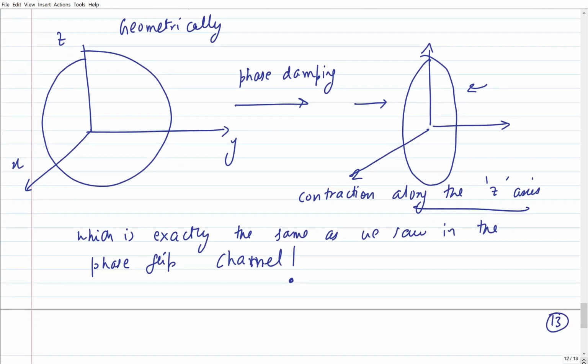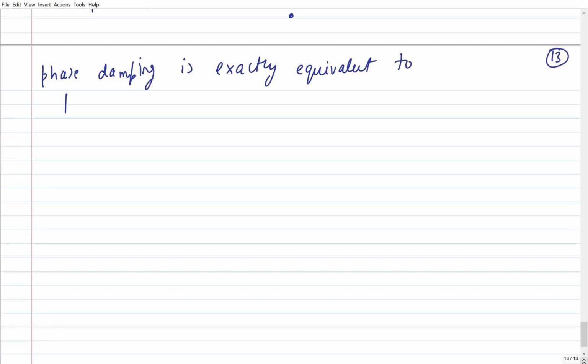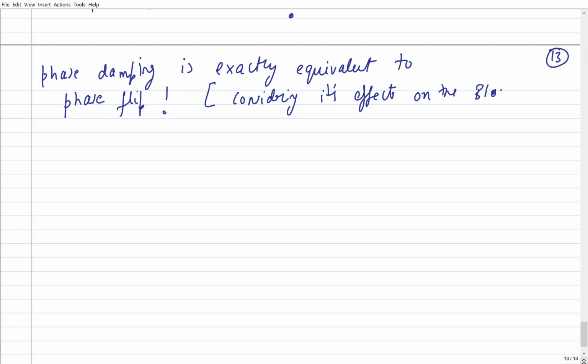So as far as the effect on a single qubit is concerned, phase damping, or the loss of off diagonal elements, is exactly equivalent to phase flip, considering its effects on the Bloch sphere.